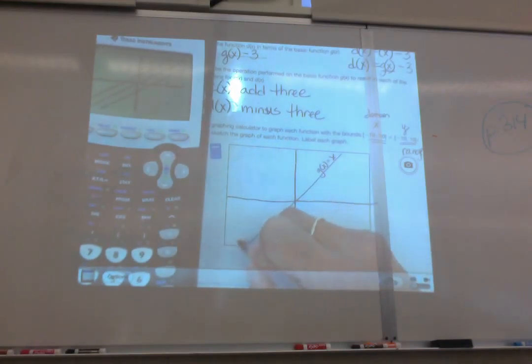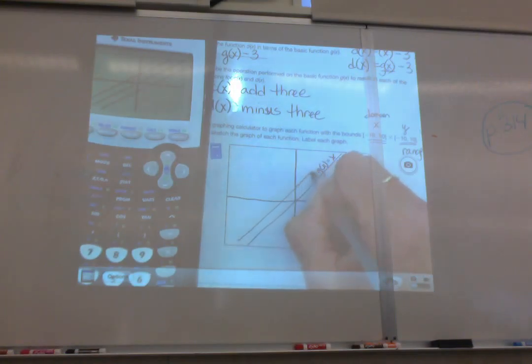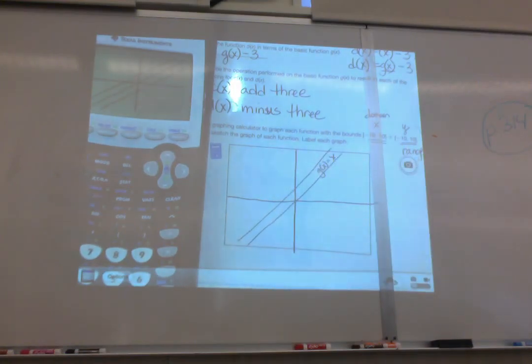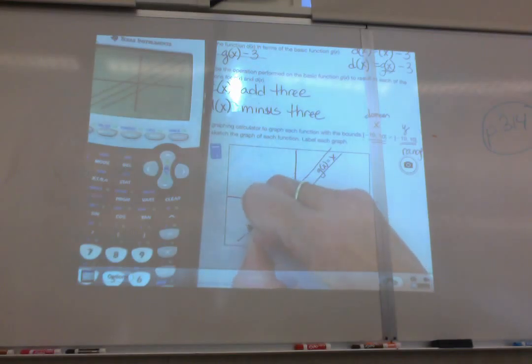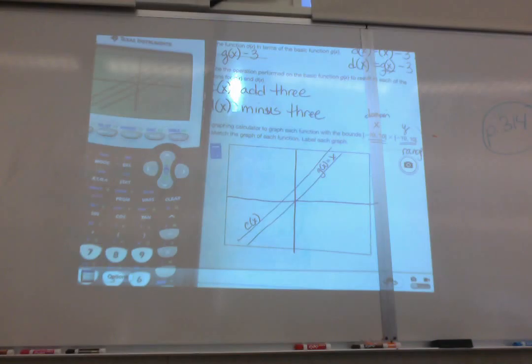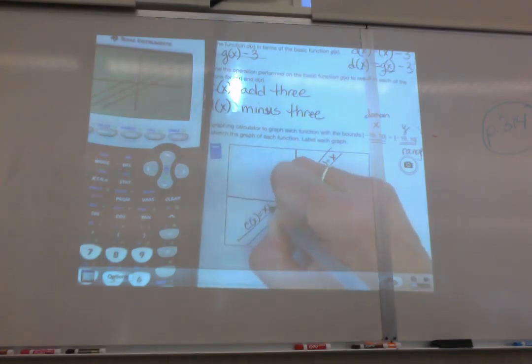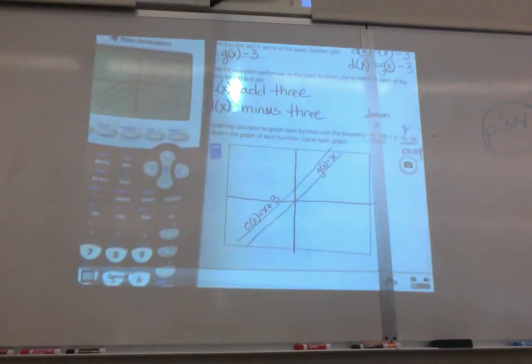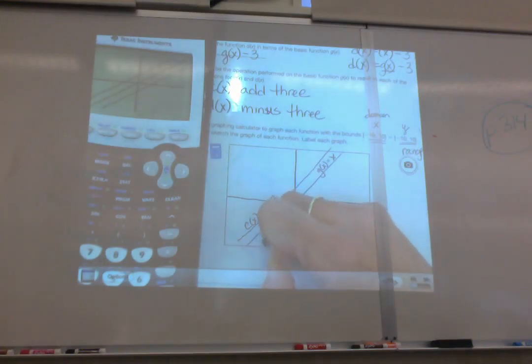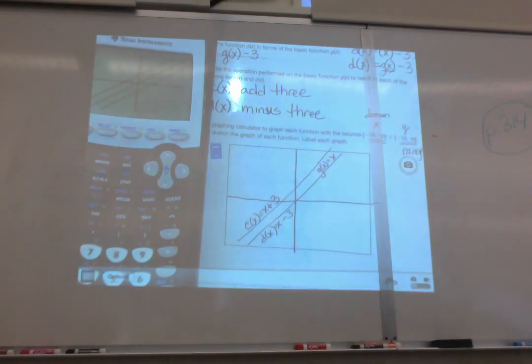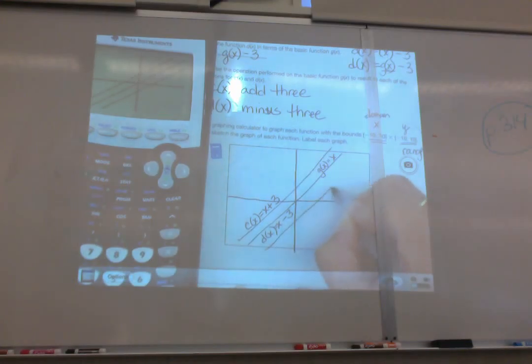The top came in a little bit higher, and that was my y2, and y2 was c of x, which is x plus 3. And then the last one is d of x. It's on the bottom, x minus 3. Oh, I didn't even draw it yet. Here it is. So you should have 3 lines.